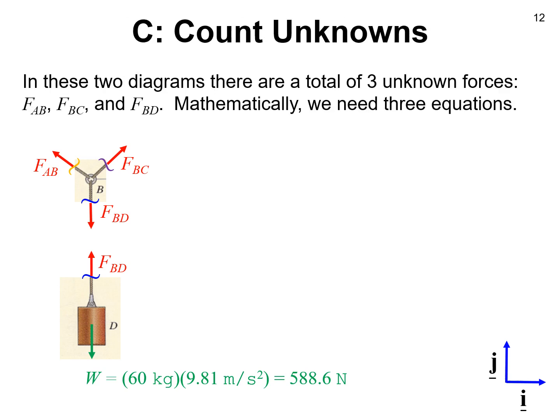So before we go on any further, let's count the number of unknowns in these diagrams. And I count FAB, FBC, and FBD. There are 3 unknown variables in these 2 diagrams. And notice I'm counting FBD once, not twice.